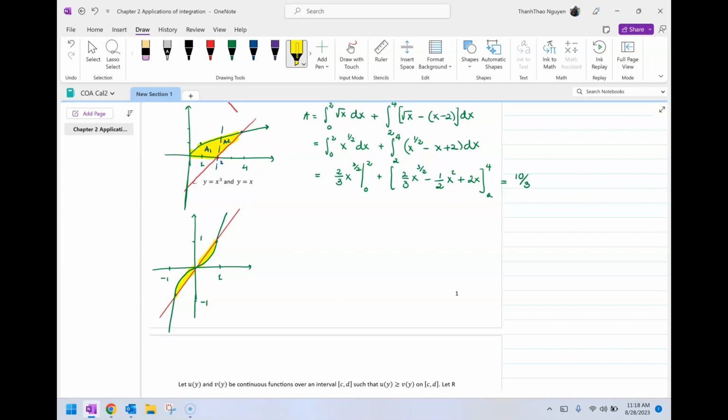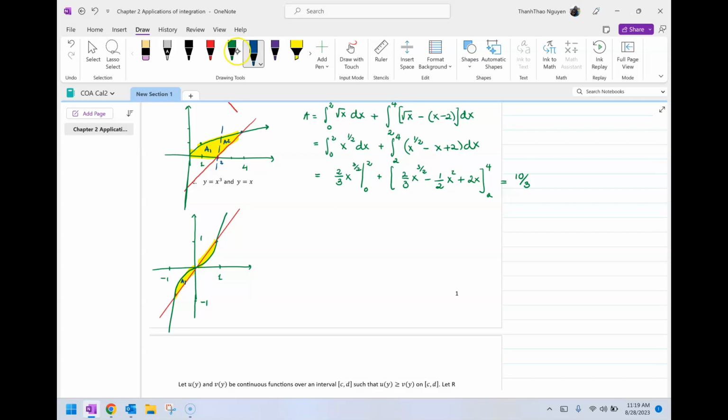Note that y equals x to the 3rd and y equals x intersect each other at plus and minus 1. So we have two parts of the curve. We have one part, called A1, on the interval from -1 to 0, where the curve x to the 3rd is on top.